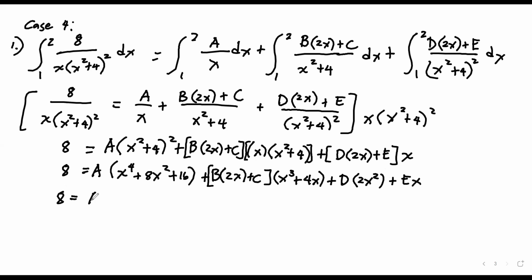So 8 equals a times x to the 4th plus 8x squared plus 16. b 2x times x cubed, that is b2x to the 4th. b2x times 4x, that is 8x squared.